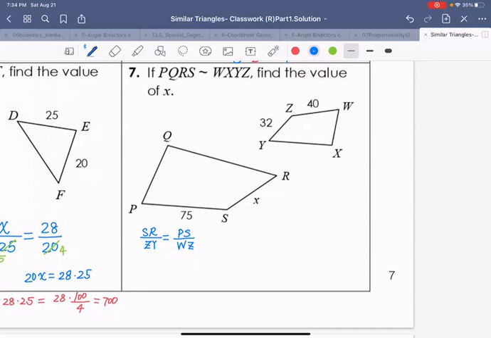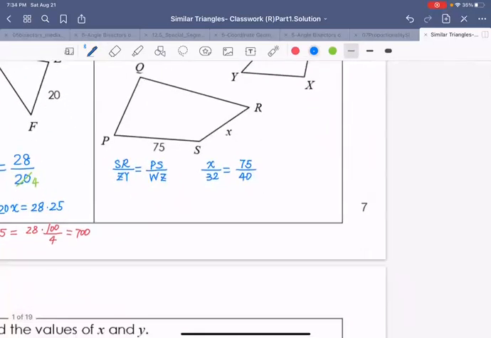SR is x and ZY is 32. And then the next one is 75 over 40. There you go.